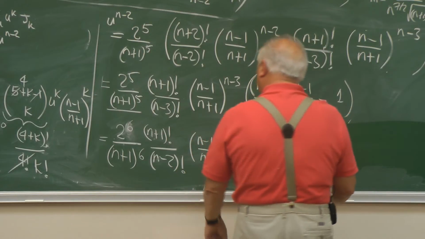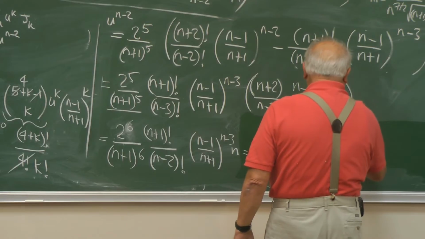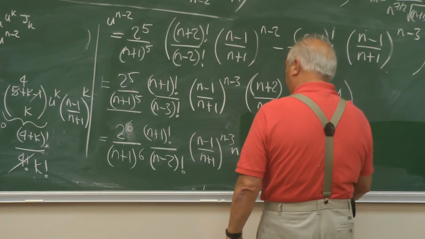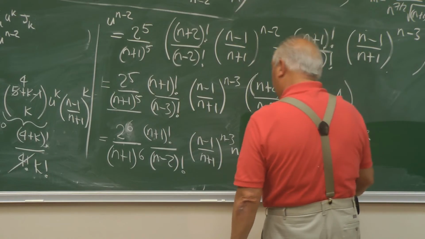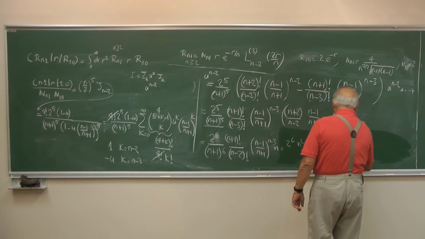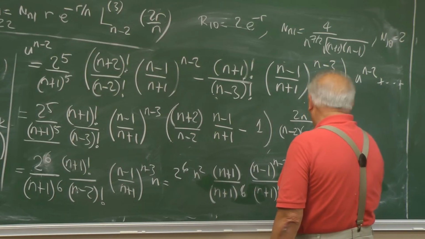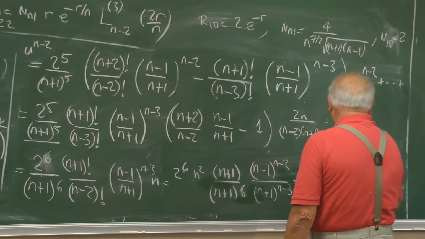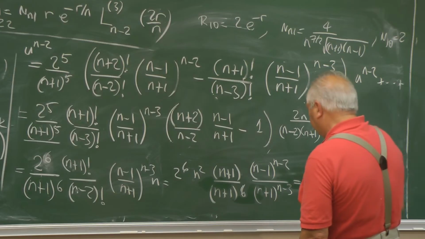This is gone. N minus 1 to n minus 2 over n plus 1 to n minus 3 equals 2 to the 6 n square n minus 1 n minus 2 over n plus 1.